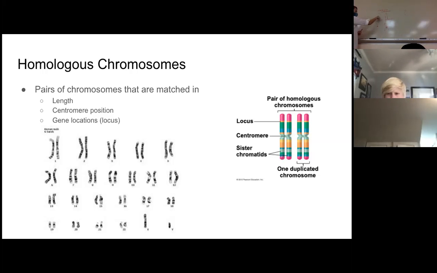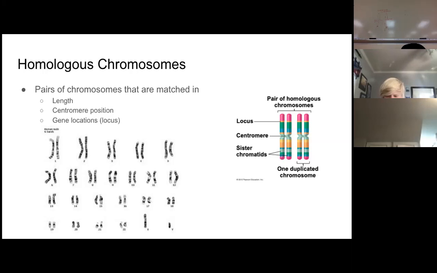Both of these homologous chromosomes made a copy of themselves. In mitosis, one of these is going to go in one daughter cell and this other one is going to go in the other daughter cell. So you get a copy of every single homologous chromosome in mitosis.